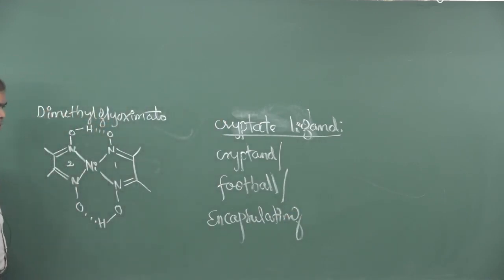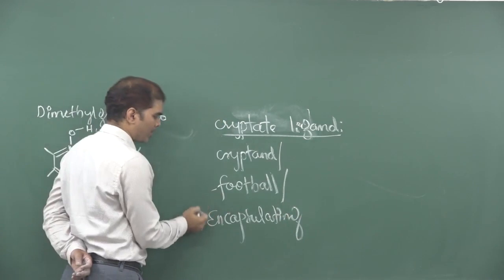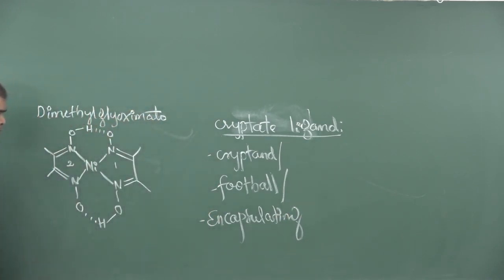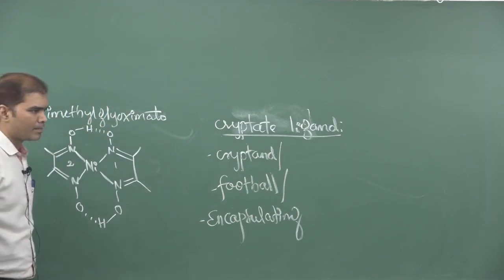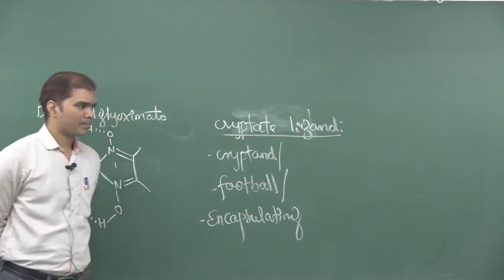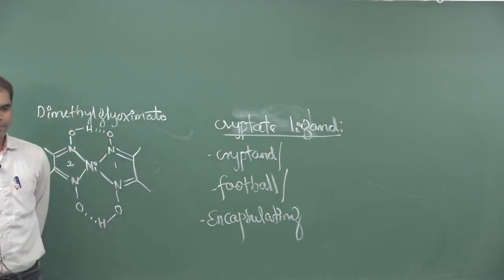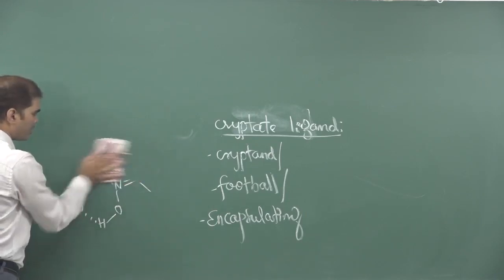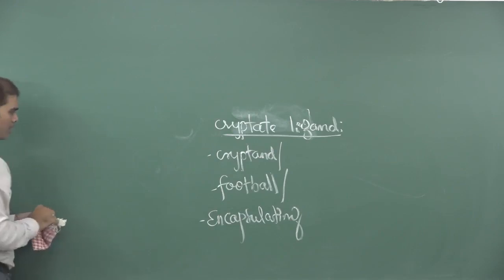It is also called cryptand. Cryptate ligand is also called cryptand or football ligand or encapsulating ligand. It is just considered as a 3-dimensional ligand. If a macrocycle is a 2-dimensional ligand, this is considered as a 3-dimensional ligand.